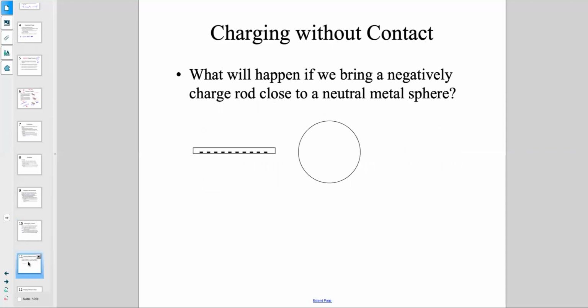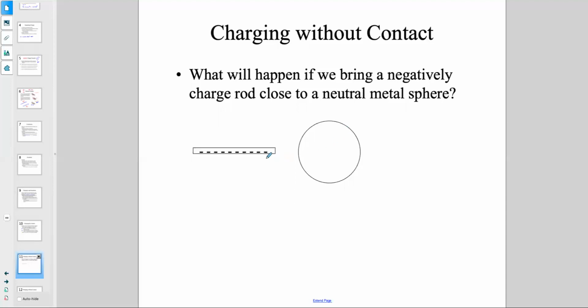Charging without contact. So what will happen if we bring a negatively charged rod close to a neutral metal sphere? So I have a negatively charged rod here. So there is an excess amount of electrons inside this rod. And then this is a conductor. This is a conducting sphere. It means that the electrons can move easily.